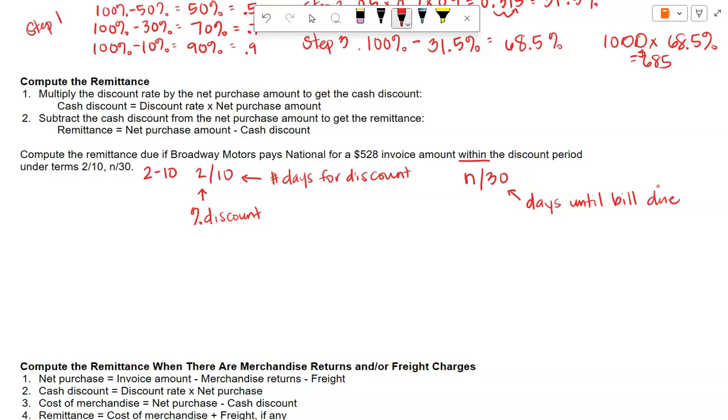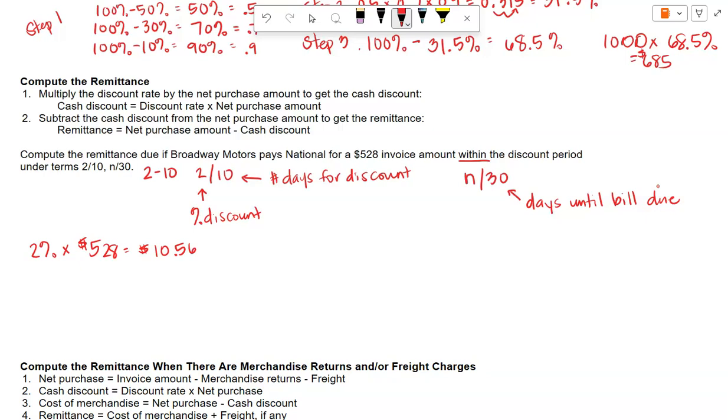So the first thing we're going to do is to calculate the cash discount. My cash discount is the discount rate, so that's 2%, times the invoice amount of $528, and this gives me a discount amount of $10.56.